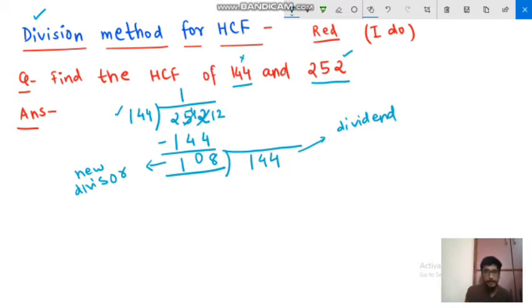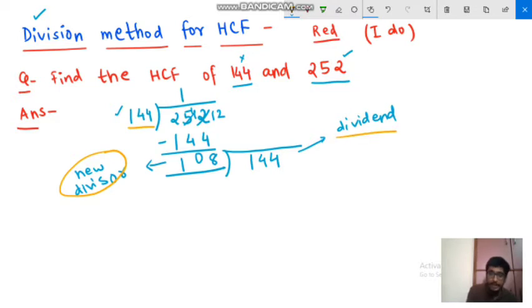I will repeat. First you divide the bigger number by the smaller one, that is 252 divided by 144. So you got remainder 108. Now I can't further divide 108 by 144 because 144 is the bigger number and 108 is the smaller number. So I make 108 my new divisor, and this 144 I bring down as the dividend.